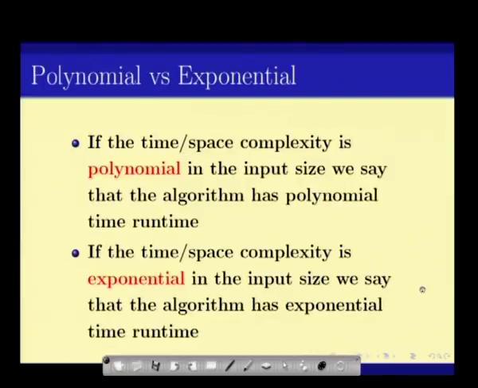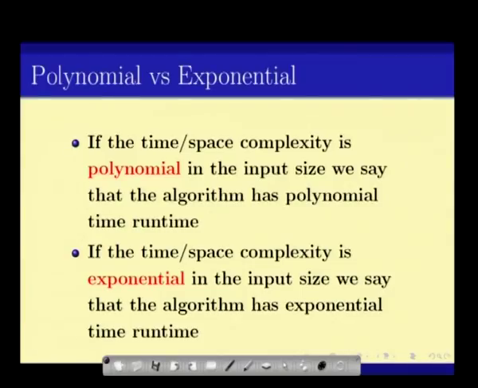So, here are, say, two big sacks of problems in some sense. We say that a problem has polynomial time and space complexity if the complexity of the problem is a polynomial, meaning something of the form order n log n, order n square, order n to the power 100. All of this falls in this category.